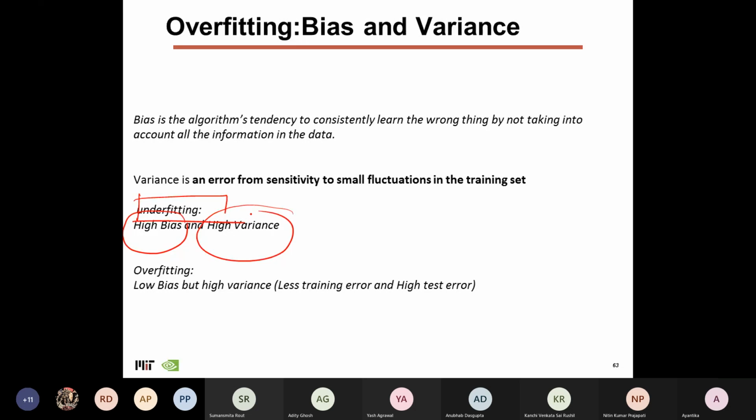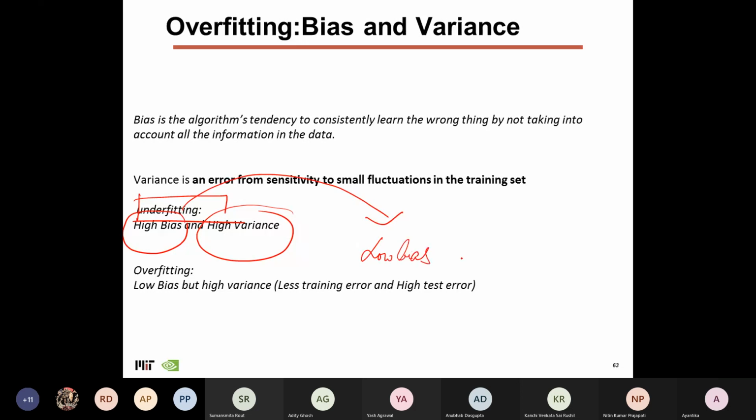As of now, just think that you have some way to adjust the weight, and based on that, you will try to reduce the training error. Correct? That means you are reducing your high bias and trying to make it low bias.